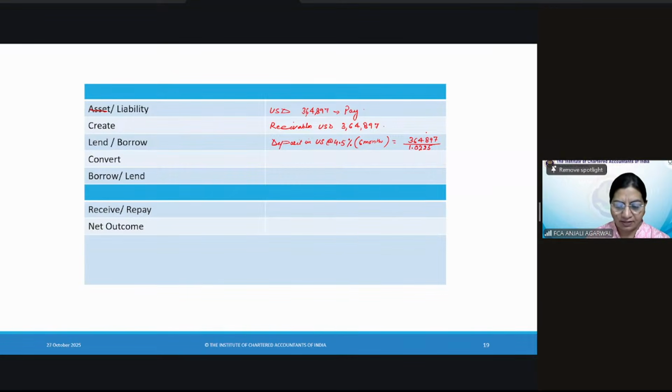So you need to calculate how much you have to deposit. You have to calculate the present value of what you will need after 6 months. After 6 months, you are going to need $3,64,897. When they will be divided by 1.0225, that means you need only how many? 3,56,868.